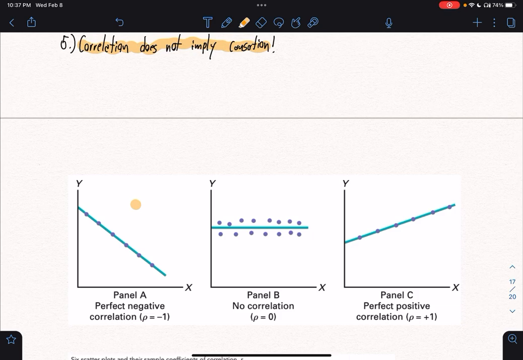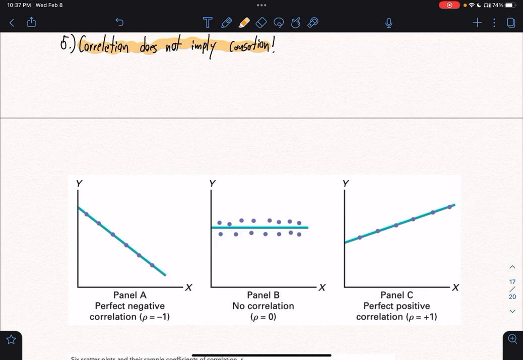As X is increasing along the x-axis, Y is decreasing. So we're getting this negative line. This is a perfect negative linear relationship. Whereas in the middle, we're seeing no relationship. So the correlation is 0.